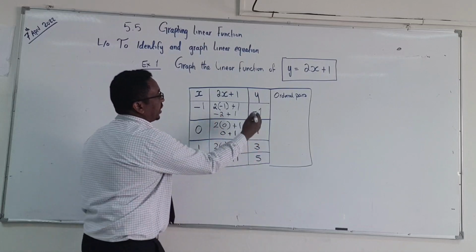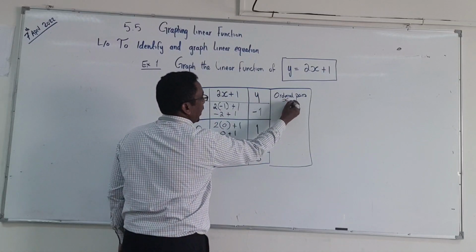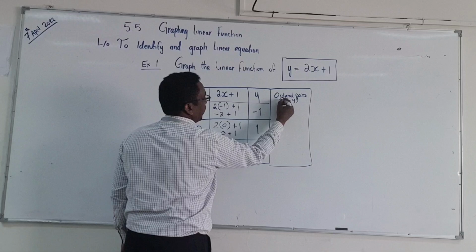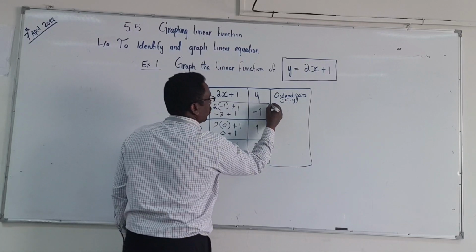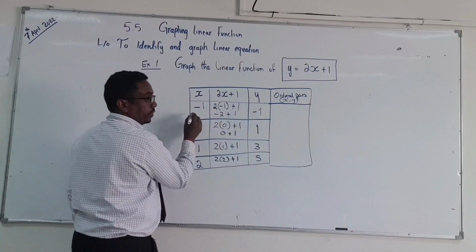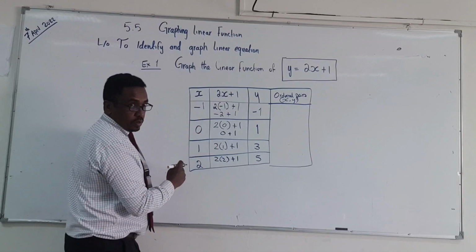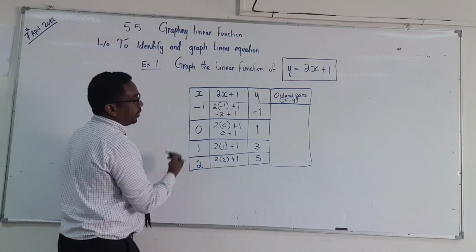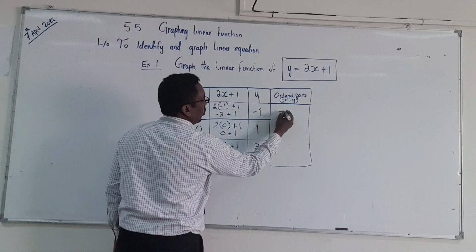So what is x? Remember ordered pairs were the x and y. You have to remember the brackets and the comma. So what is x? Negative 1. And what is y?